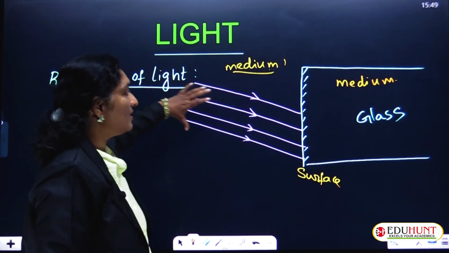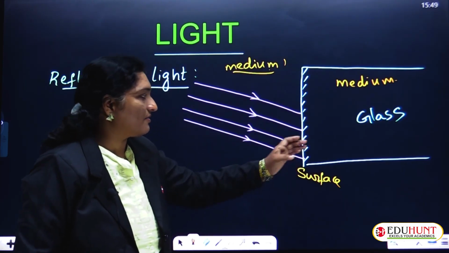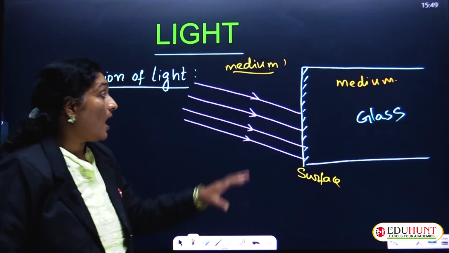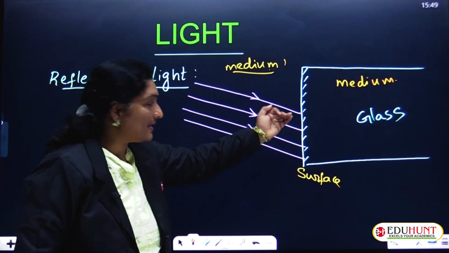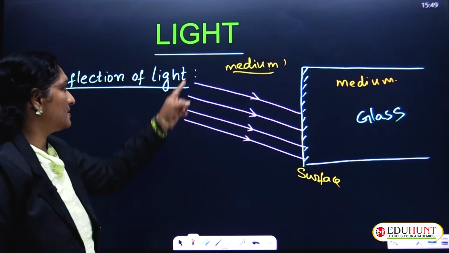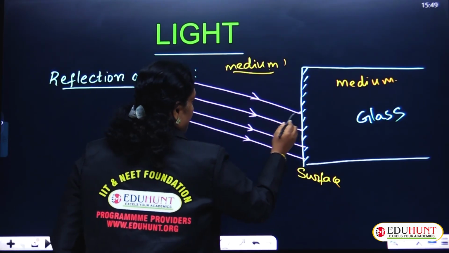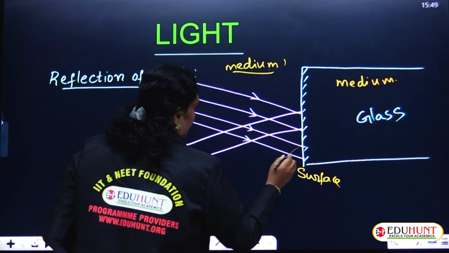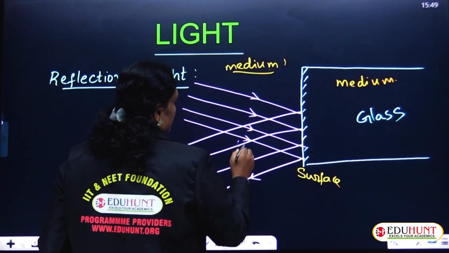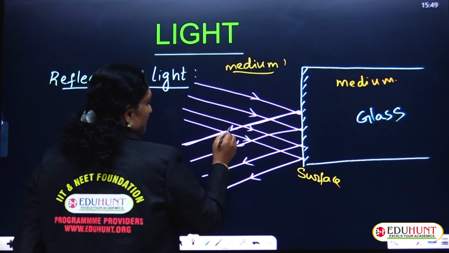Whenever a beam of light strikes a surface, what we observe is that a portion of light is returned back to the same medium. Some portion of the light returns back to the same medium after striking the surface, something like this. This light ray falling here again returns back to the same medium.